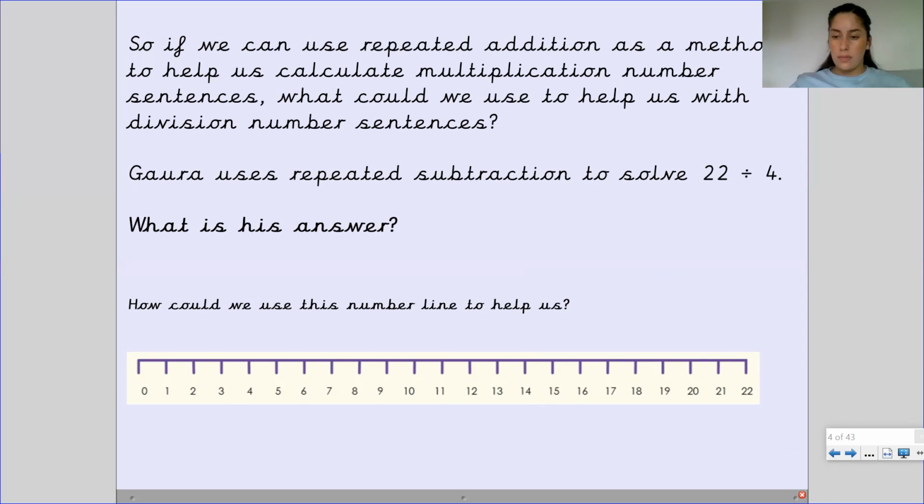Well, we could use repeated subtraction to solve a division number sentence. How are we going to do this? You have learned the repeated subtraction method in year 2, I believe. So that's good if you can remember. If not, how do you think we're going to use repeated subtraction to solve a division number sentence? Pause the video and have a think.